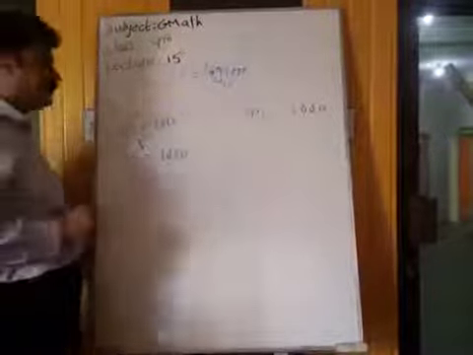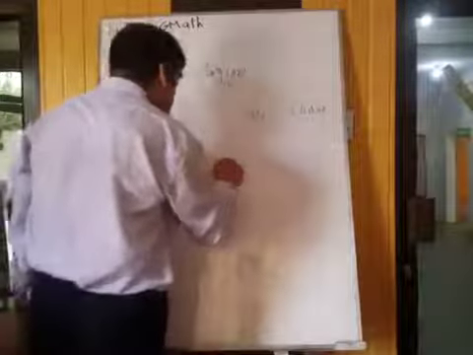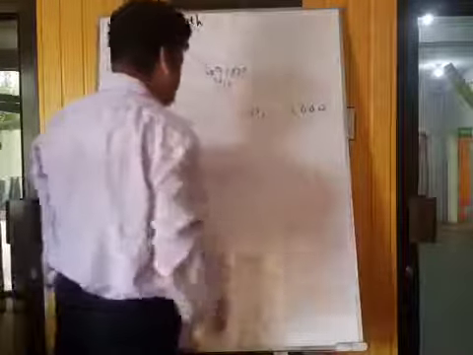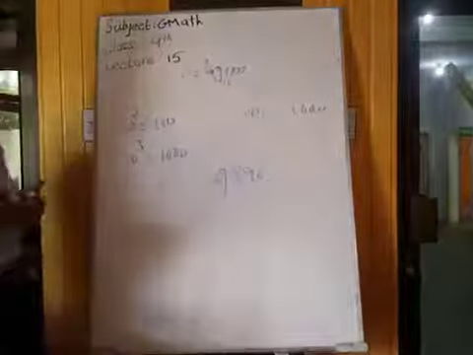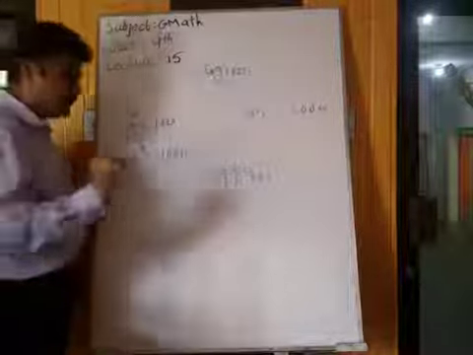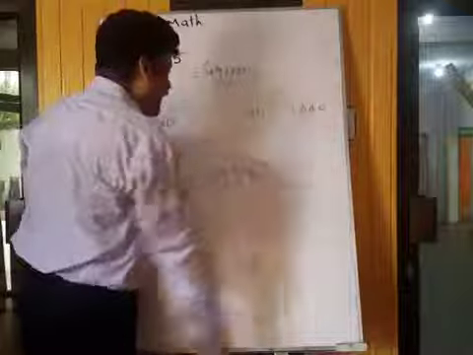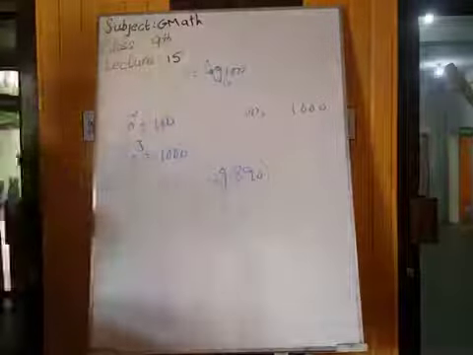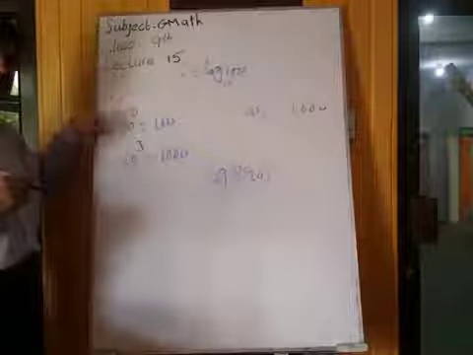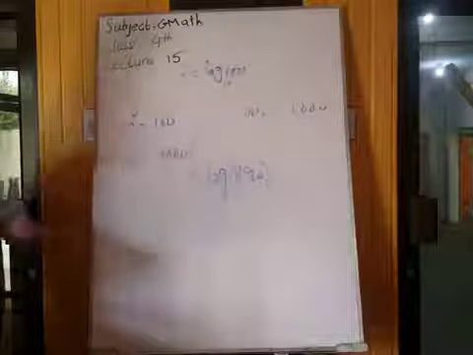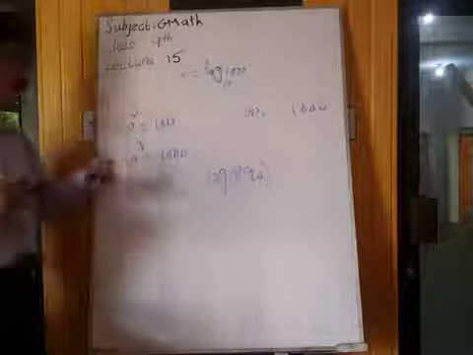For example, we have to find the log of 890. We know that the number 890 is between 100 and 1000, and its log must be between 2 and 3. When we raise 10 to 2, we get 100, and when we raise 10 to 3, we get 1000.